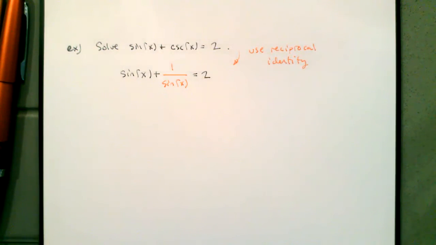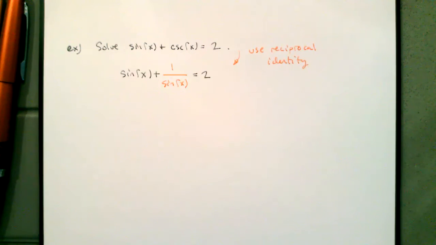Now we have to look at this equation, sine x plus 1 over sine x, and think about what's the defining characteristic of this equation, because that's how we train ourselves to solve equations. We look for what's going on. I'd like to do inverse operations in reverse order, but the variable appears more than once, so that's not going to work.